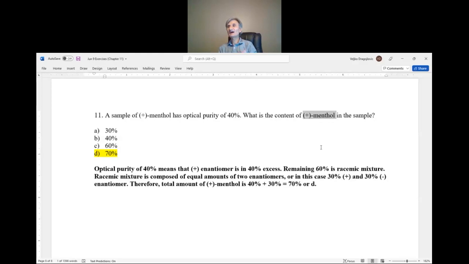And then the minor component will be only half the racemic mixture. So if optical purity is 40%, racemic mixture is 60, the minor component is half of that, 30. So the question could have been, what is the amount of minus? So read very carefully. Are you being asked about the major component, when it is in excess, that is represented by optical purity, or the minor component?